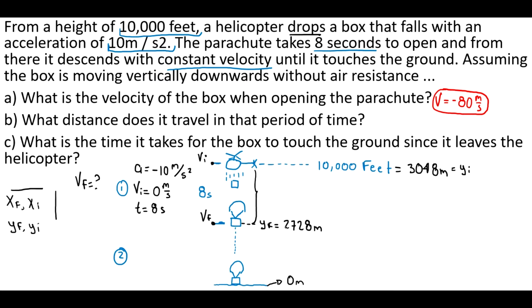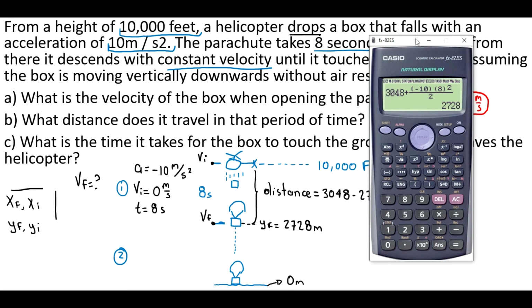But I don't want to know the height. I want to know the distance traveled. So the distance will be equal to 3,048 meters minus 2,728 meters, because we're talking about heights. This is the initial height and this is the final height. But in order to know the distance that the box travels, I need to perform this operation.